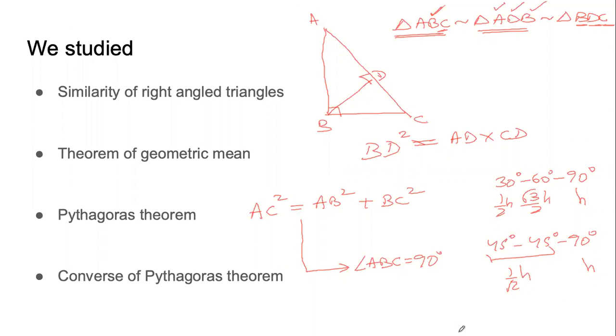This is also something that will be used in this chapter. And of course, basic things like what is the perimeter of a square, what is the perimeter of a rectangle, how much is the area of a square, how much is the area of a rectangle. These things may also be used because squares and rectangles are very special parallelograms.